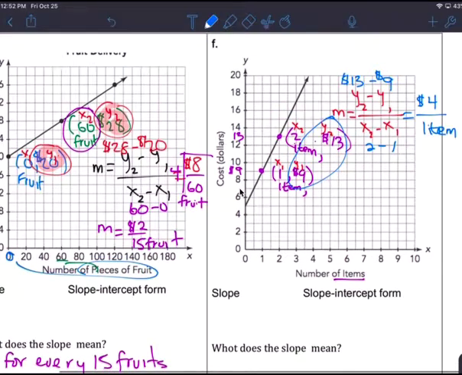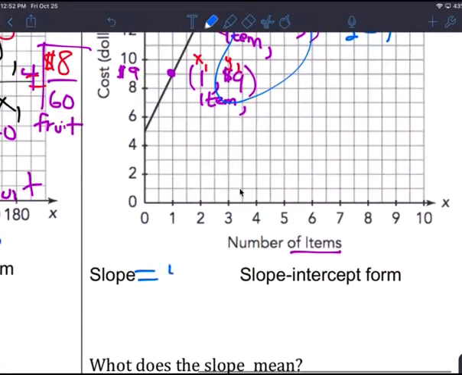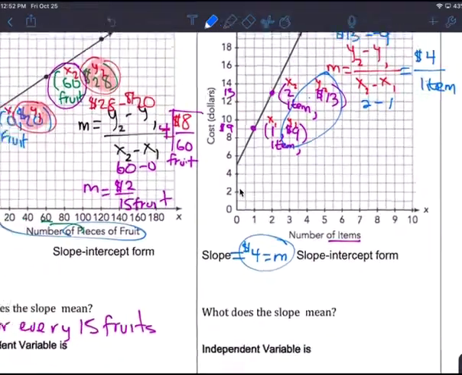Okay, so your slope is 4 over 1. Or just $4 over 1 item. You don't have to put the 1, it's just 4. That's your slope, okay? That's your M. It's your slope or rate of change.